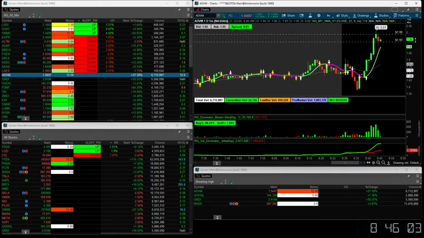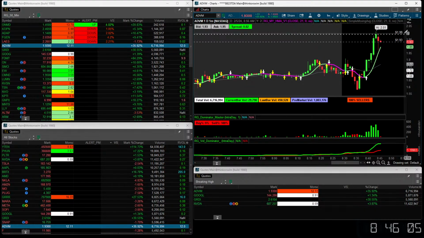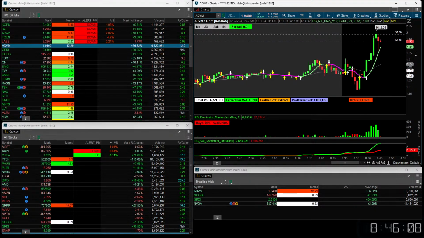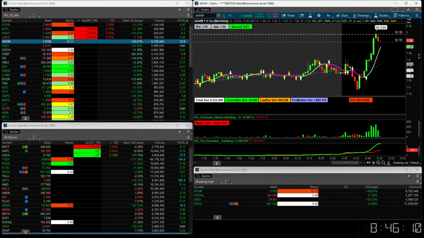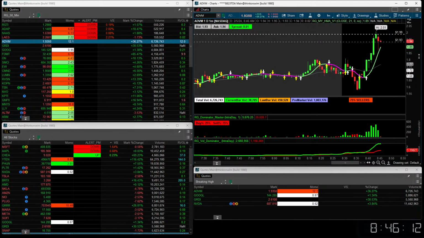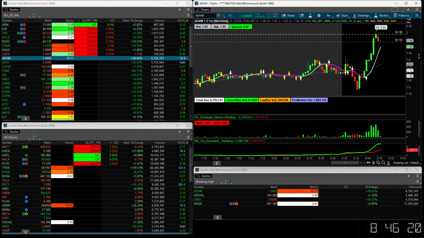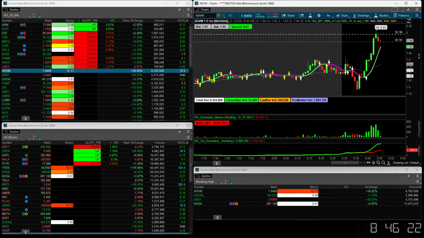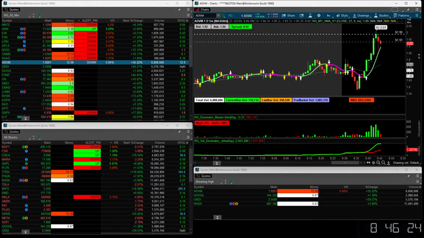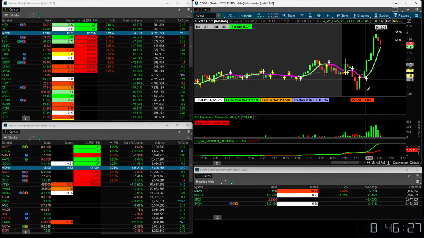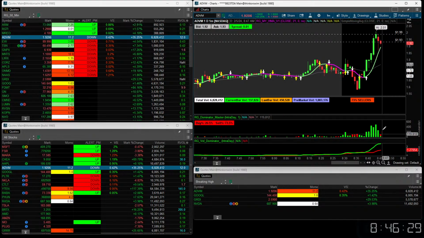Let's see if we get a bounce and break through 199. It's not looking real strong so far. Watching the bars down here.